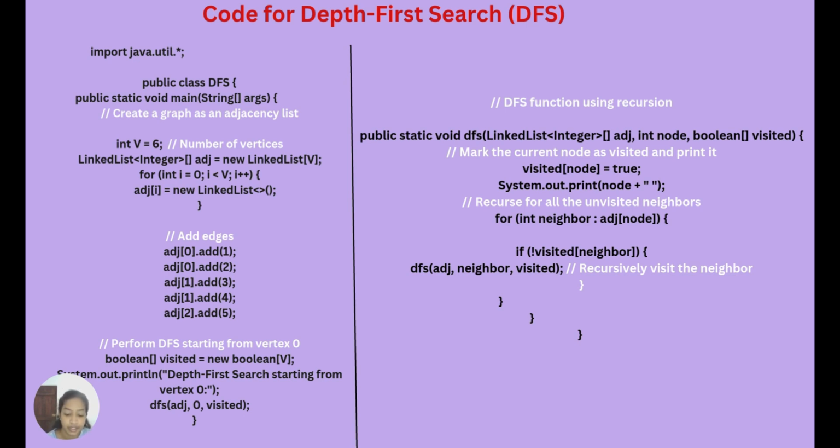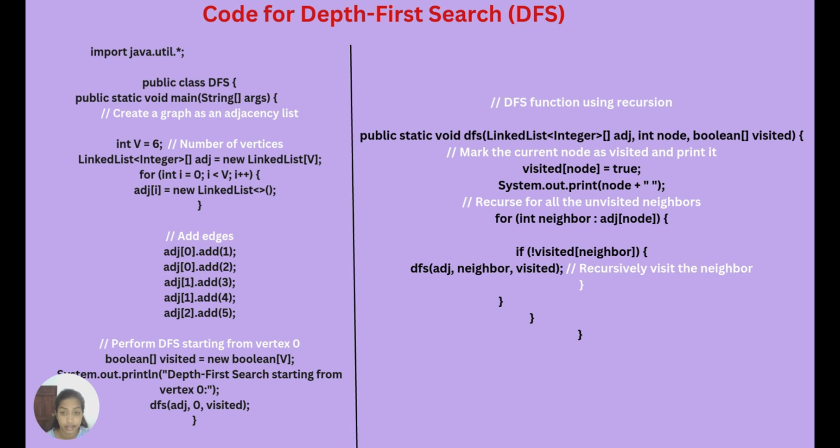Before performing the DFS traversal, we initialize a Boolean array visited to keep track of which vertices have already been visited during the traversal. Boolean visited equals new Boolean V. The visited array will prevent revisiting vertices and ensure that each vertex is explored only once.